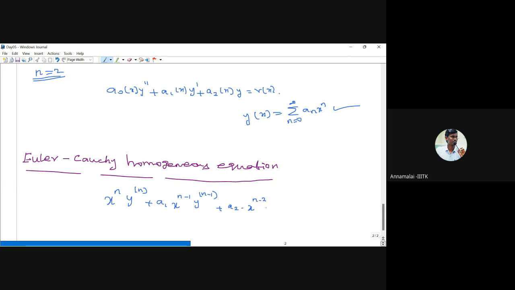So you have to reduce the powers and the order of the derivative, and so on. Finally, we have a constant an into y equal to r of x. So this is the general form.